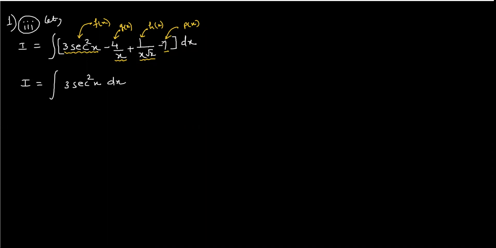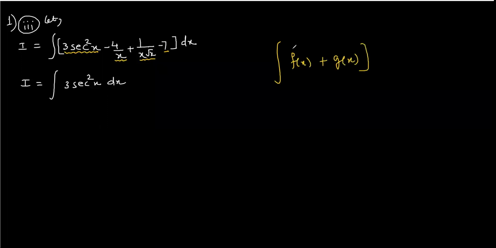There is a theorem for this, but I will be proving all the theorems in one video. In one lecture I will prove all the theorems of integration, and in one lecture all the theorems of derivatives. The theorem says integral of f of x plus g of x dx is equal to integral f of x dx plus integral g of x dx.